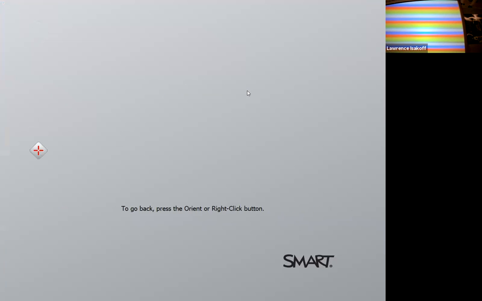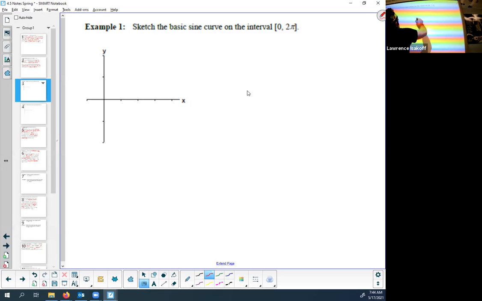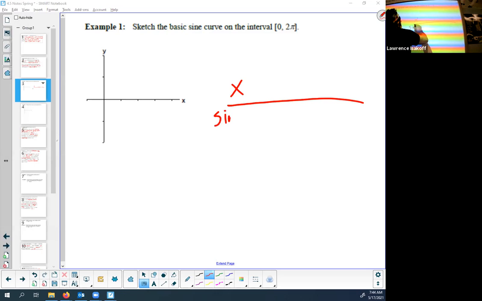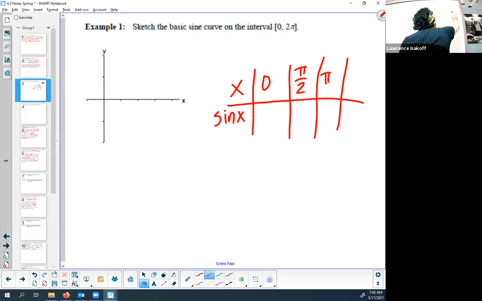Are going to be where sine starts, 0, 0. That goes up to pi over 2, 1. So like if I were to make a table like so with my x and then my sine of x values, I'd start at 0, go to pi over 2, pi, 3 pi over 2, and 2 pi.